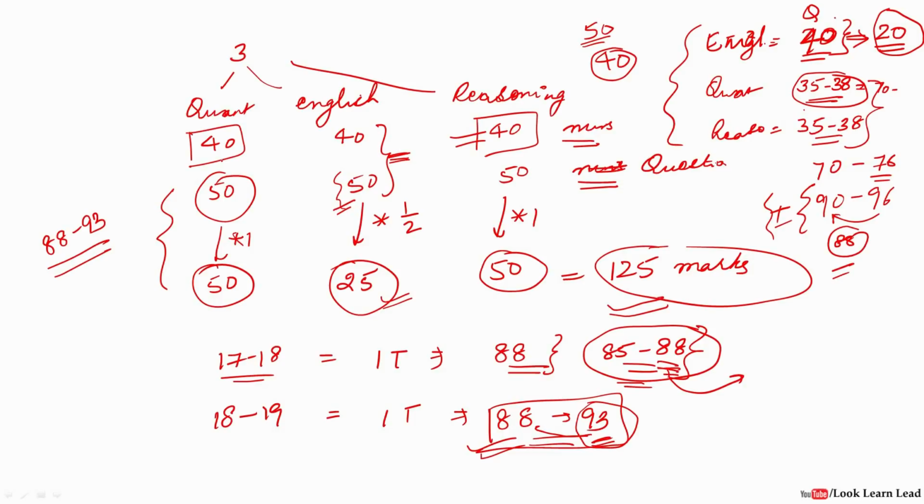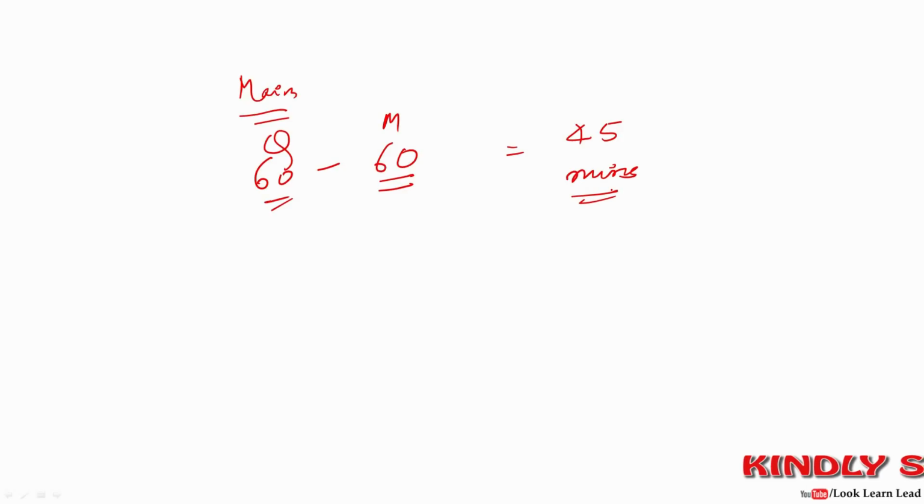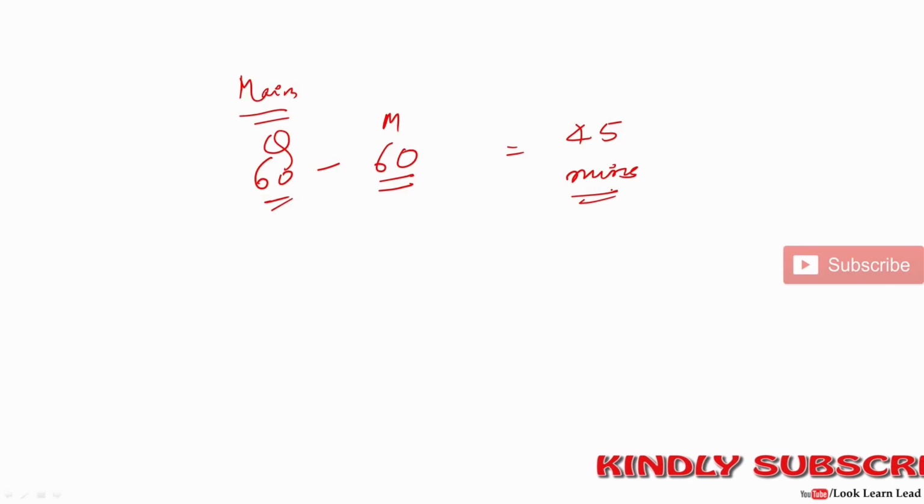After prelims we have a mains exam. In the mains exam we will have 60 questions of 60 marks, and the total time is 45 minutes. Attempting 60 questions in 45 minutes, if you know all the answers, is not a big task, because these are just multiple choice questions.